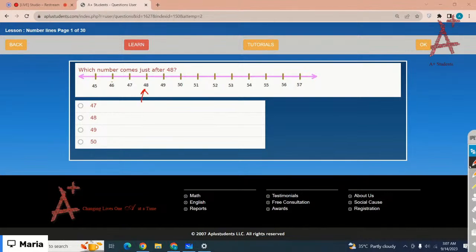You have to see just after, that means you have to go to the right side of 48, right? So on the right of 48, you have 49. After 48, that is 49. So the number that comes just after 48 is 49. So the correct option is 49, right?